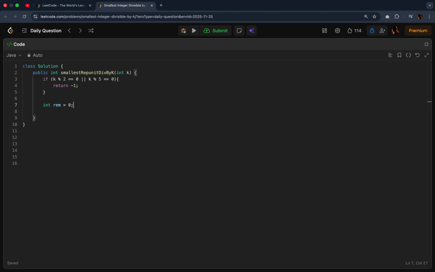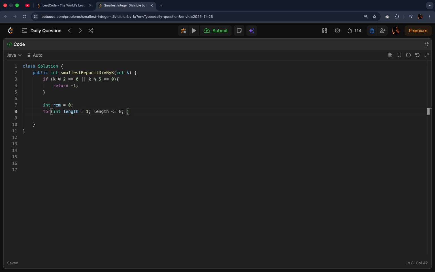So now let's run a for loop for this. For int length equals 1 and length less than or equal to k.